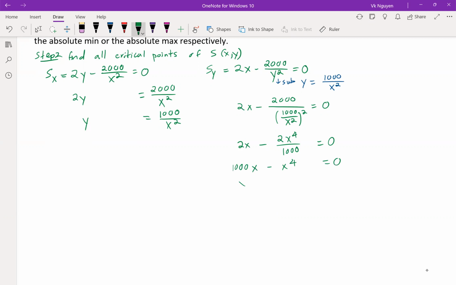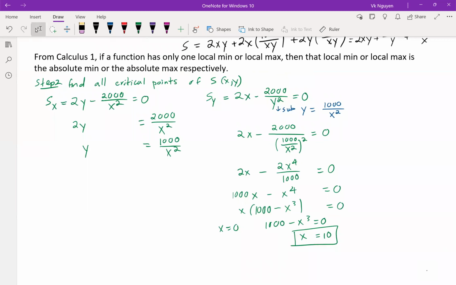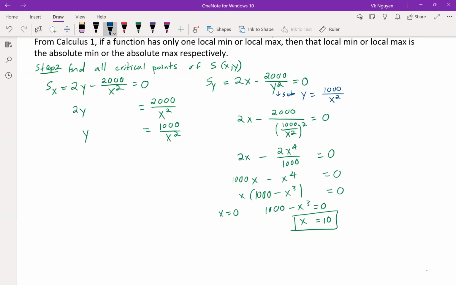Factor x: x times 1000 minus x cubed equal to 0. Then x equals 0, or 1000 minus x cubed equal to 0, so x equals 10. x cannot equal 0, so x equals 10 here. There is only one value. How lucky. If it only has one local min and local max, that is the absolute min and max, right? We only have one critical value, so it has to be the answer we're looking for.